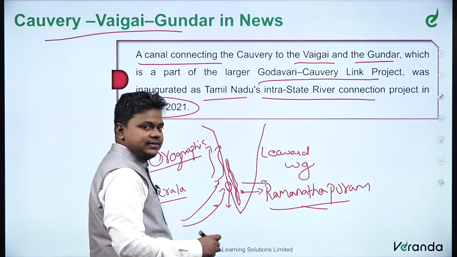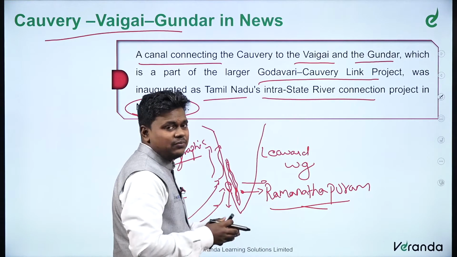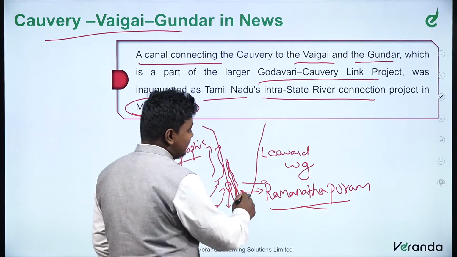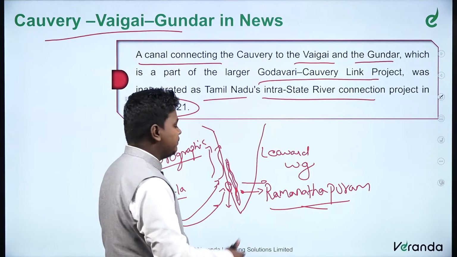So, because of this, Ramanathapuram is a dry region. So, no agriculture or very little agriculture is prevalent in this area. Because of this, the people were suffering for a long period of time.